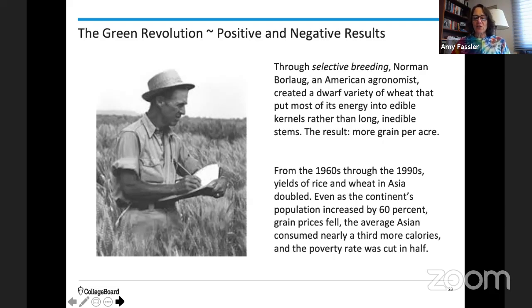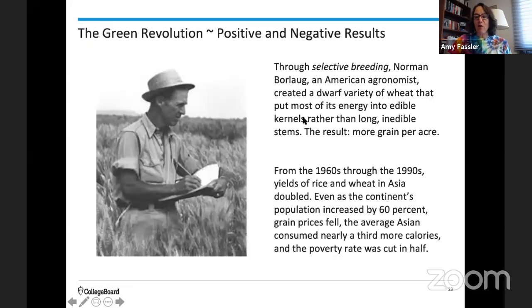And he developed this dwarf variety of wheat plant. You may remember reading about that when you studied the Green Revolution in your class. So instead of having this normal wheat plant that had a lot of energy going into making the stalk and things like that, he developed this dwarf variety where all of the edible energy went into those kernels.